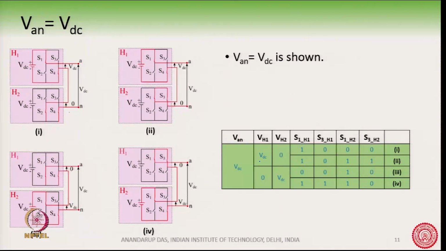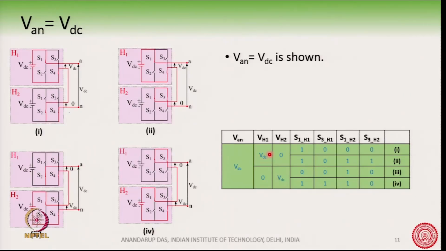So, this is what is shown here. When we want to get VAN as VDC, it can be VH1 VDC, VH2 0 or VH1 0 and VH2 VDC, because VAN is nothing but VH1 plus VH2.